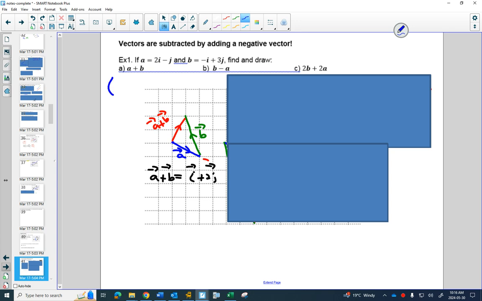You're instead going to say, well, I know that A is 2, -1, and I know that B is -1, 3. So it's really easy to see that A plus B is going to be 1, 2. But drawing it out shows you that it works as well.